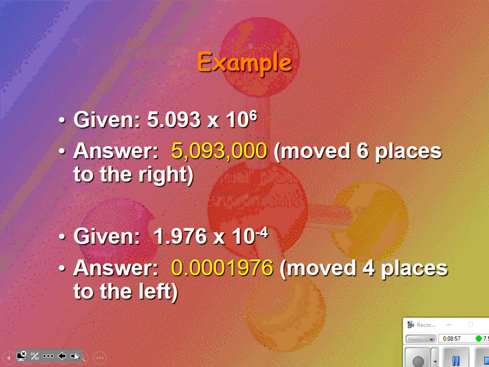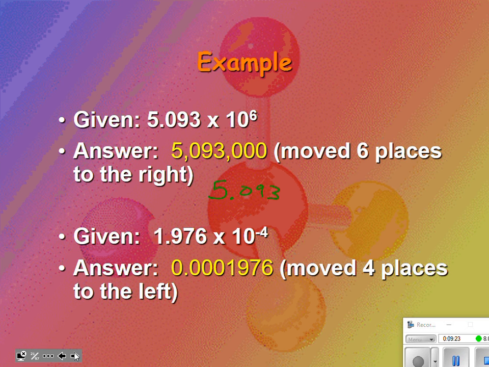So given the example up top, 5.093 times 10 to the 6. What I would be doing here is I'd say, okay, I'm going to write my number, 5.093. I'm going to move it which direction? To the right, because it's a positive.